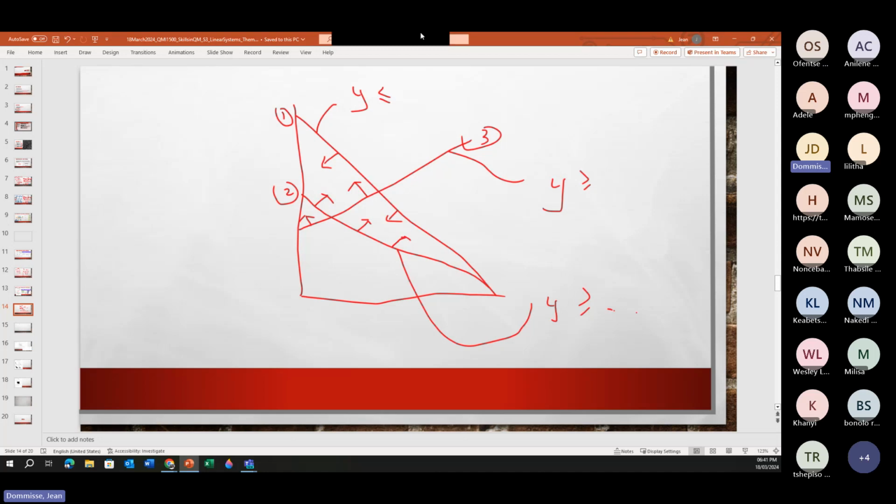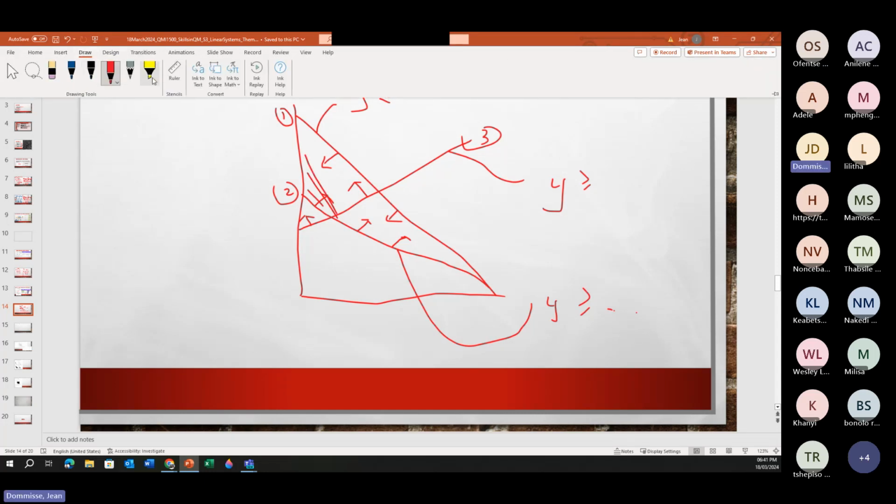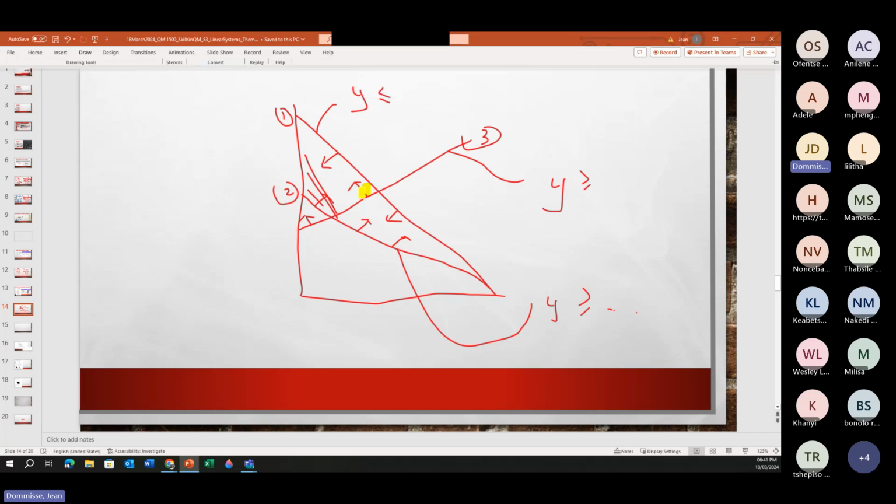So the only feasible area that includes that is this one. So let me highlight it with a color. So that would have been the feasible area, because then it is y smaller, it is y bigger, and it is y bigger.